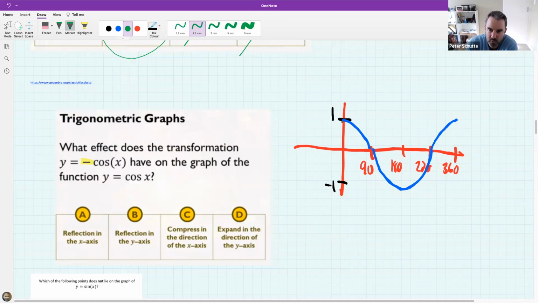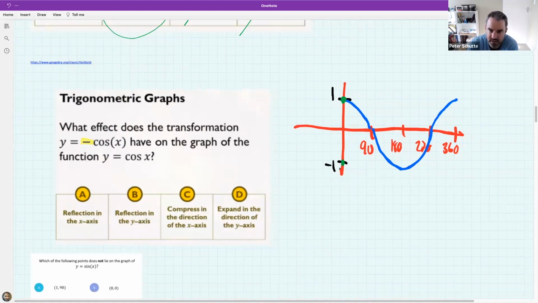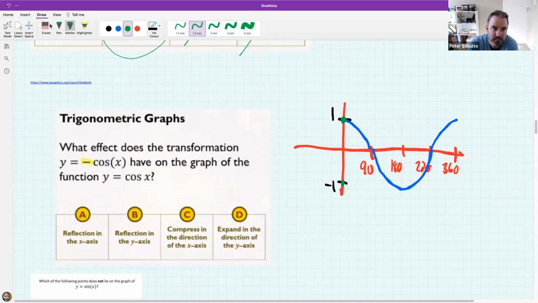So whenever this was a positive one, that's going to become a minus one because it's going from positive to negative here. The 0 is going to stay the same. This one was a minus 1. It's going to become a positive 1. This will stay the same, and this will go down to here. And so that is what the new graph will look like.